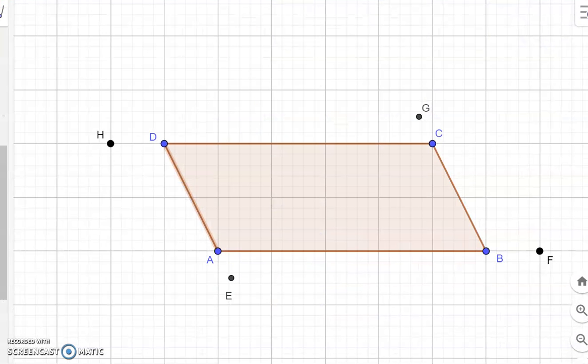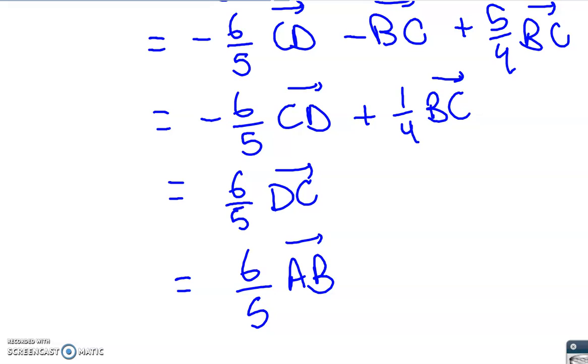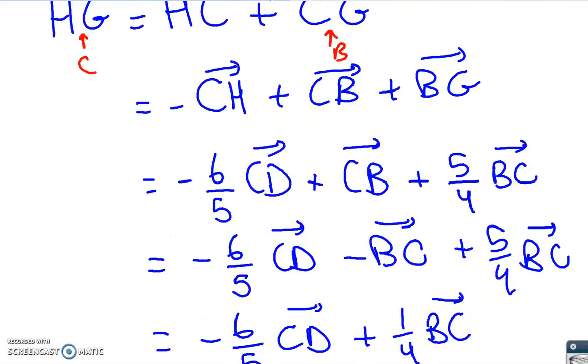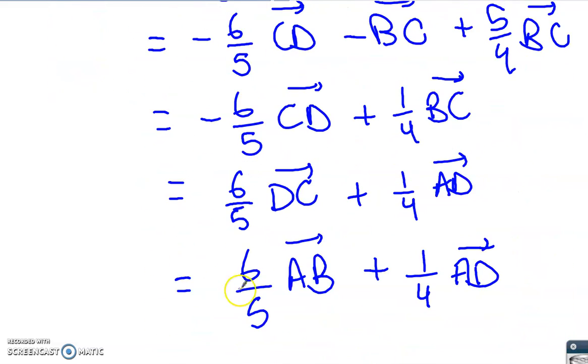From the figure, BC is the same as AD, so BC vector is equal to AD vector. So we were able now to write HG as a number times AB plus a number times AD. So we wrote it as a linear combination of AB and AD.